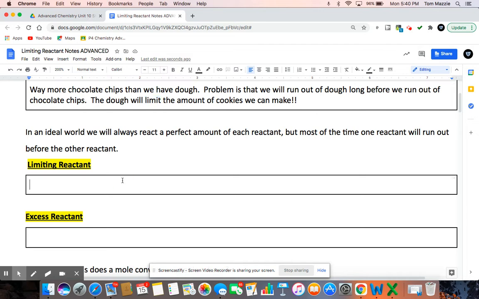Now, to define limiting reactant, I would say it is the reactant that runs out first, or it completely reacts.